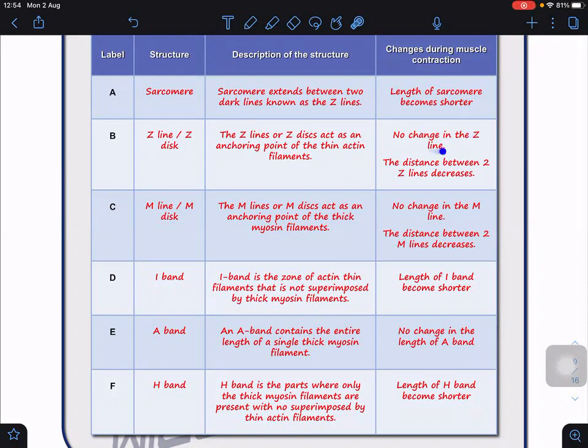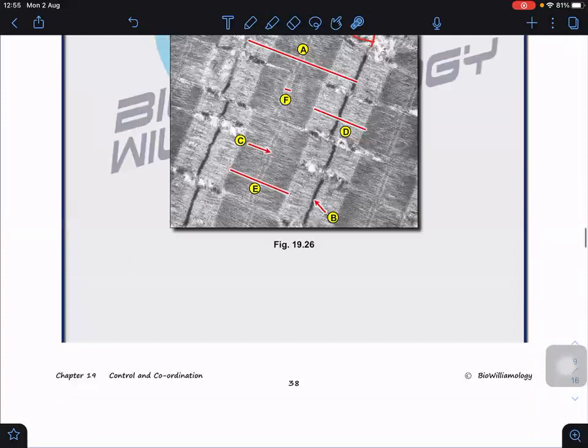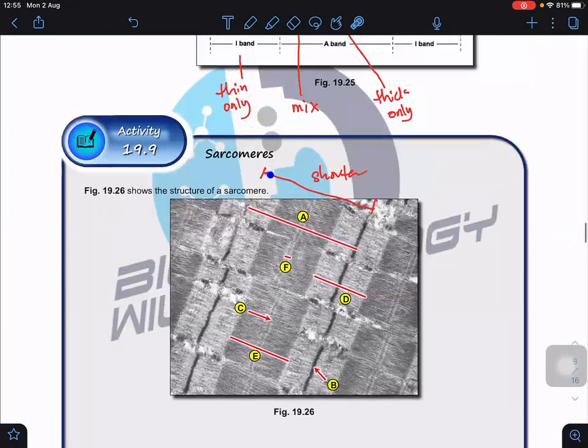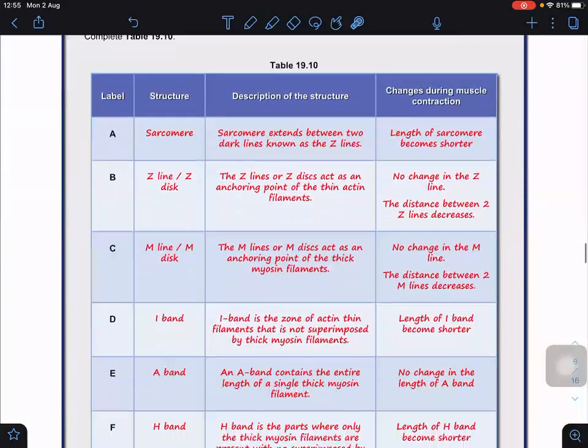There's no change in the Z line during contraction, but the distance between two Z lines decreases, because the Z lines move towards the middle.